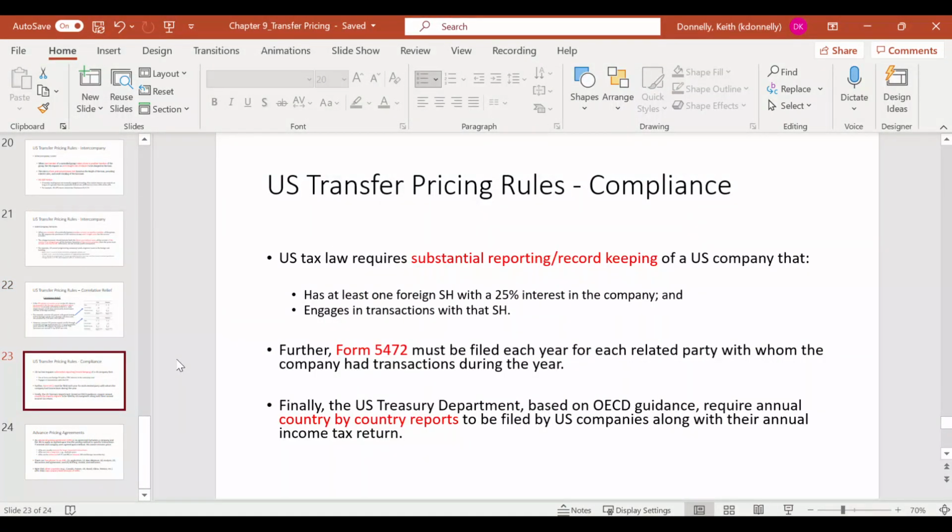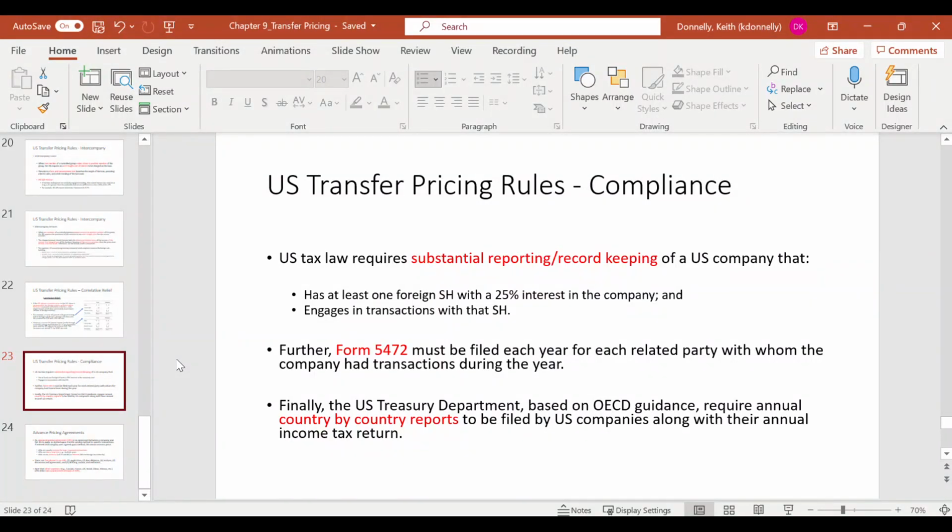With regard to transfer pricing, obviously there's going to be a substantial amount of reporting and record keeping that you have to do. The IRS is going to require this, and as I have here, it's required of a U.S. company that has at least one foreign shareholder with a 25% interest in that company and engages in transactions with that shareholder.